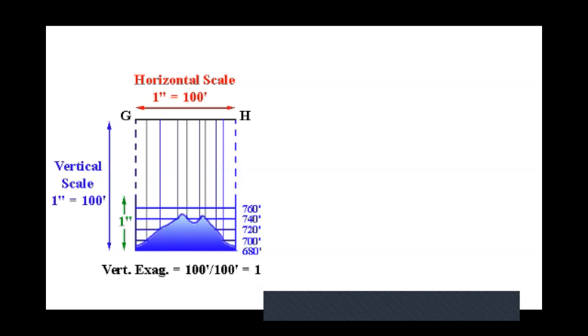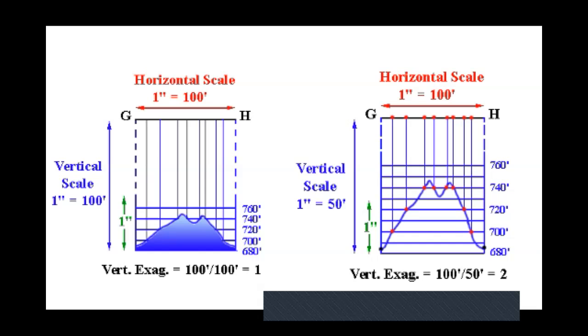The more we exaggerate, the more change in elevation we're going to see on a map. And so very commonly, what we're going to end up with is a vertical exaggeration. In this case, we're exaggerating it 2 times because the vertical scale is twice that of the horizontal scale. And it's just a matter of comparing the vertical scale to the horizontal scale.